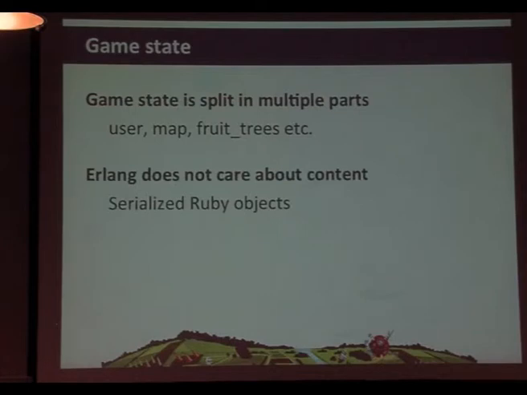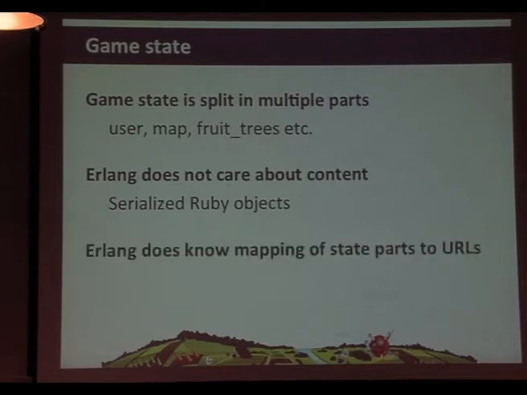While Erlang does not really care about the content of these parts, which are to Erlang just some binary, and in reality they are serialized Ruby objects, Erlang does need to know what action needs which parts. So it has to send in the right parts to enable Ruby to process the action.